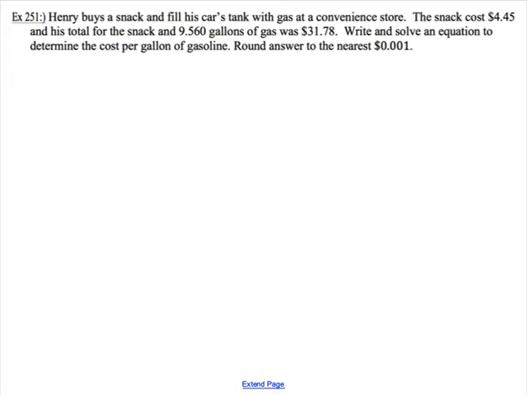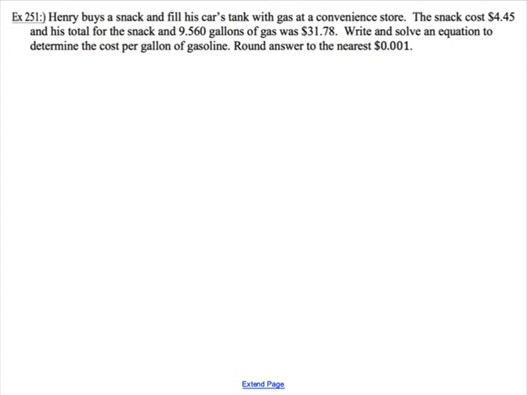The snack cost $4.45, I already read that part. Write and solve an equation to find the cost per gallon of gasoline. Round your answer to the nearest mill, $0.001. Okay, so for that we're going to want to do some calculations here.